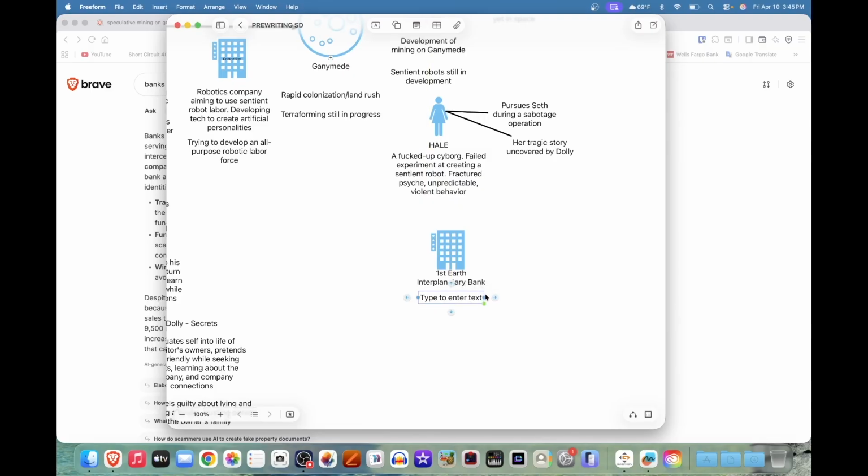What they're doing is monitoring transactions for land purchases, interplanetary travel, planetary deeds.